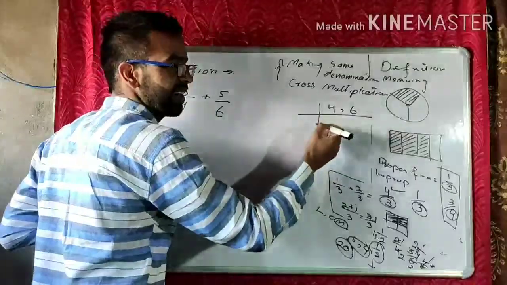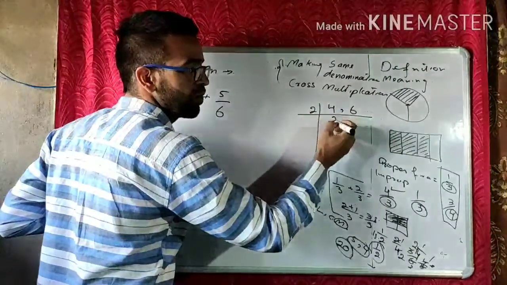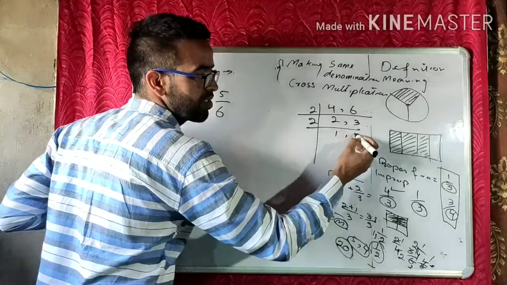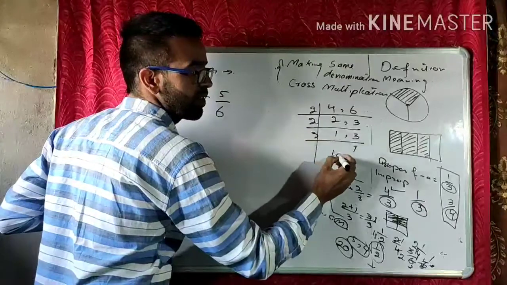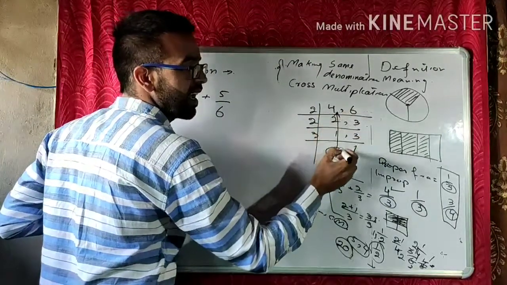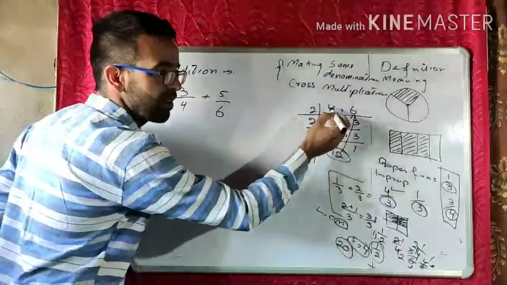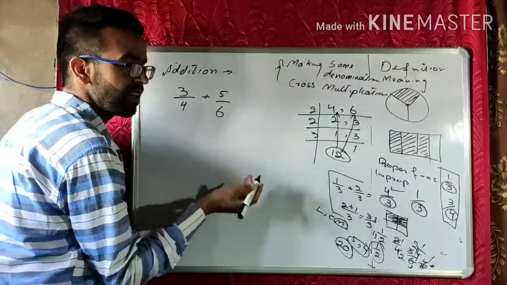So we use the ladder method to find the LCM. 2 2s are 4, 2 3s are 6, 2 1s are 2, and 3 remains. 2 times 2 times 3 is 12. 12 is a multiple of both 4 and 6, and it is the lowest such number.